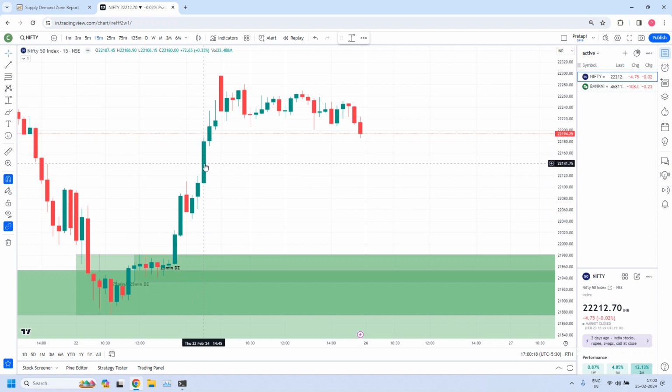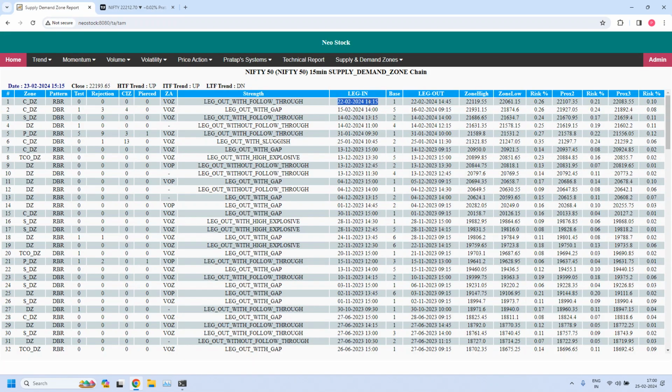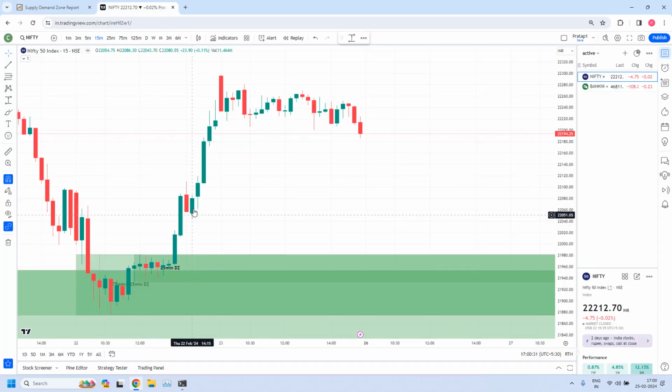February 14:15. So according to the software, this is a medium size leg candle, and this is a base candle and a rally candle.